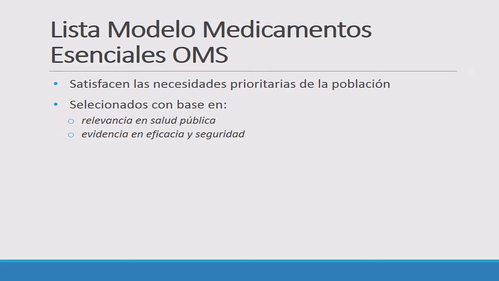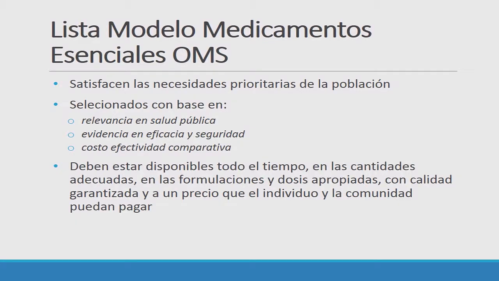Evidence of efficacy and safety, and that is indeed a very in-depth process before the expert committee on the list of essential medications carries out their analysis. And comparative cost effectiveness: how does that substance compare with other similar molecules or therapeutics with different prices?